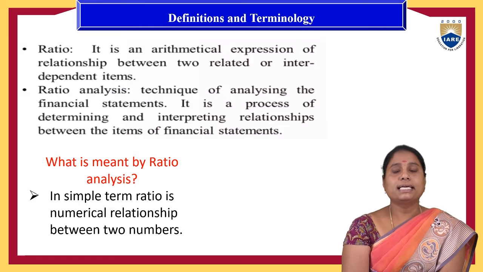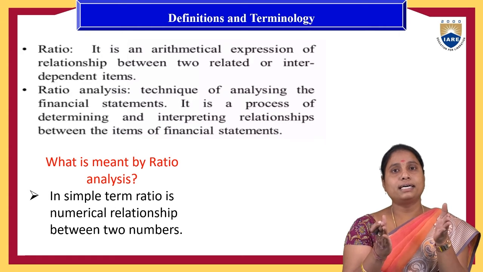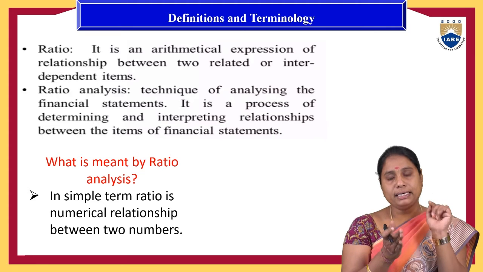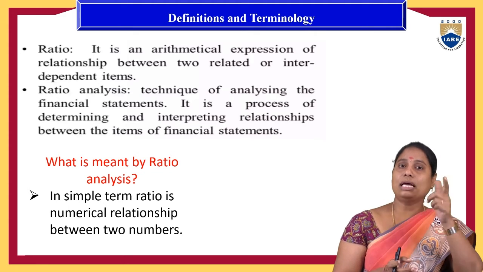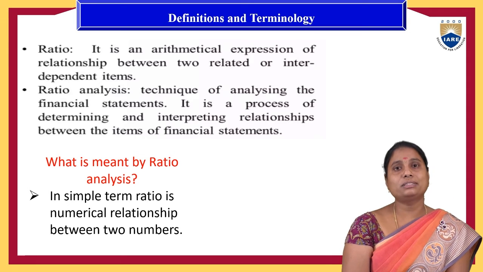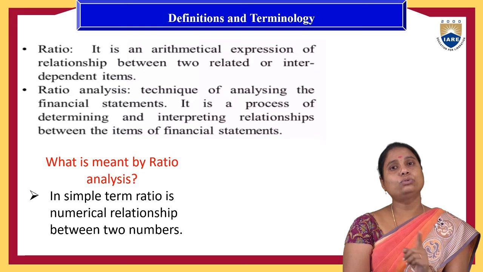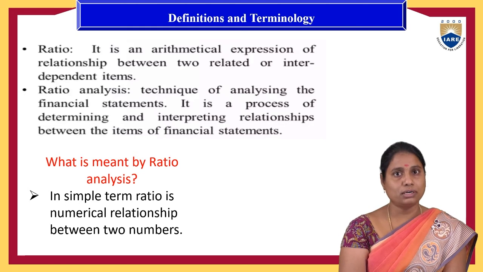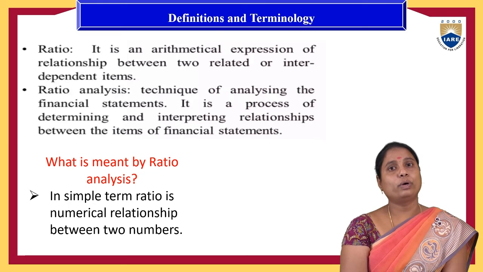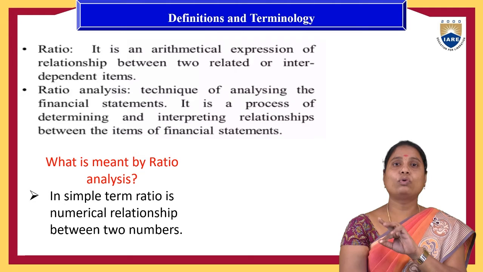So the next thing is ratio analysis. For example, there is milk. In 1 glass of pure milk, 2 glasses of water are mixed. We can say that milk and water are in a 1:2 ratio, which means there are 3 glasses of liquid in total, where 1 glass is milk and 2 glasses are water.